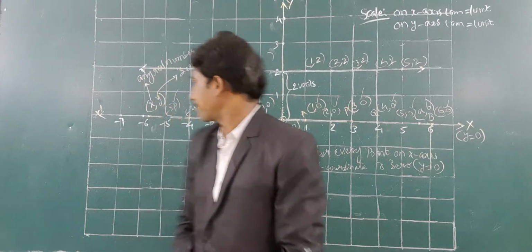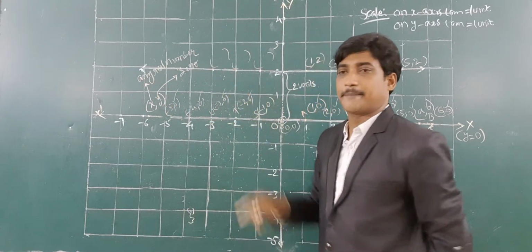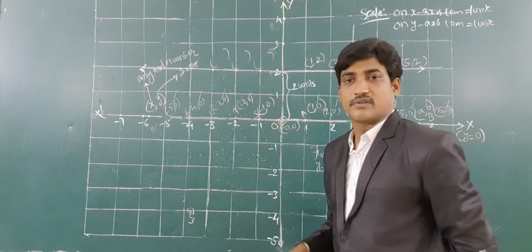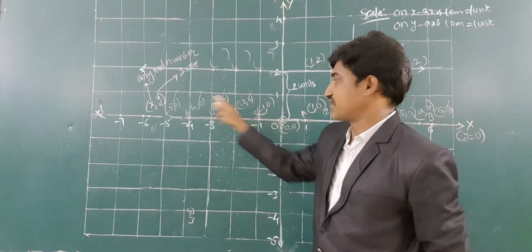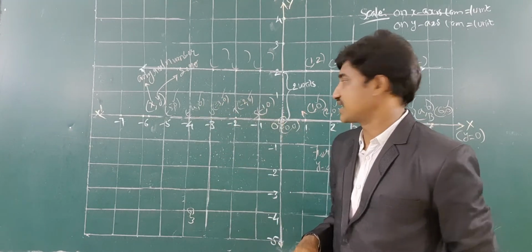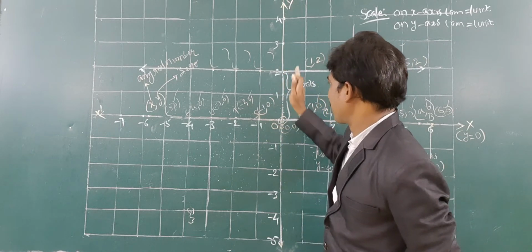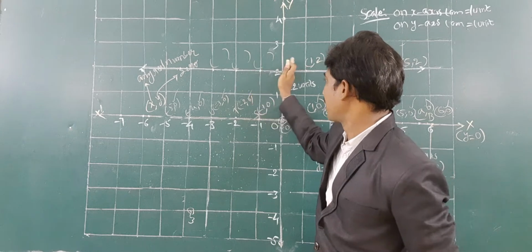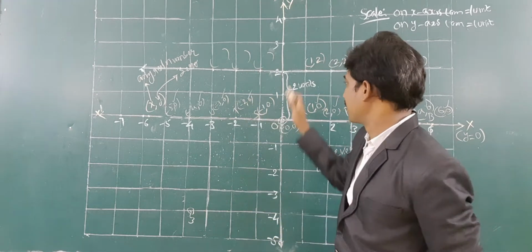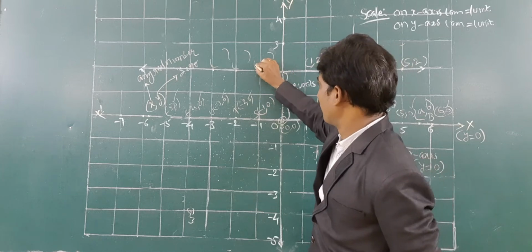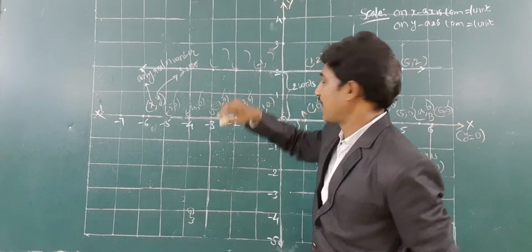On the other hand, on this line, if we observe the points along the negative x-axis, the perpendicular distance from the y-axis to this point is 1 unit, but it is along the negative x-axis, so we write it with a negative sign, -1.